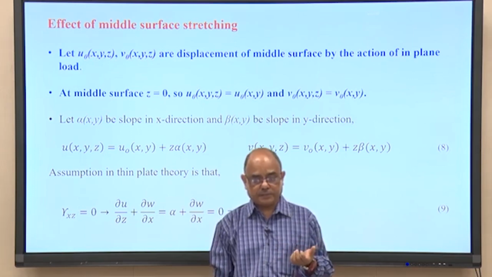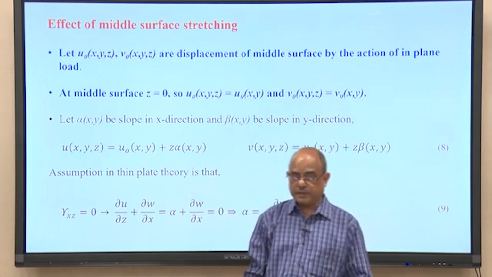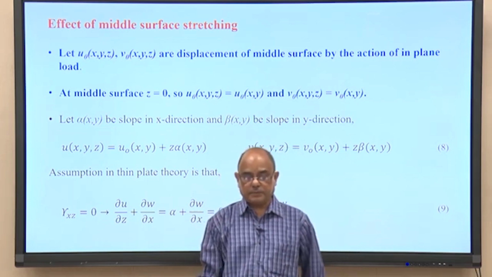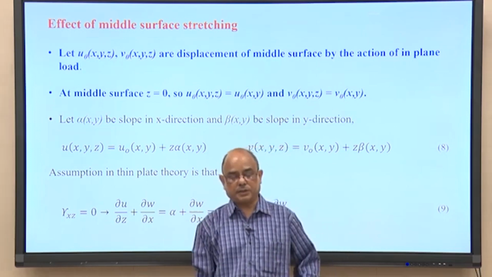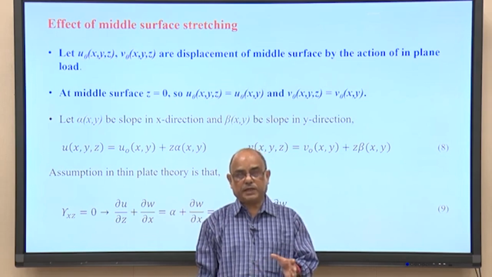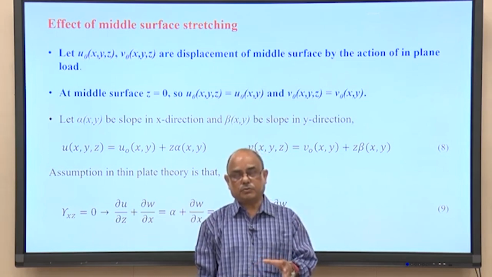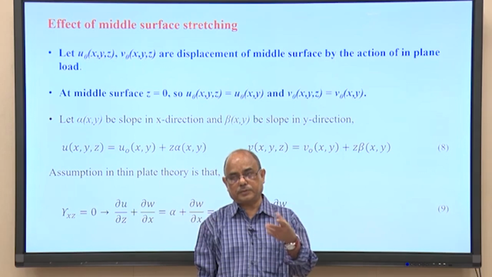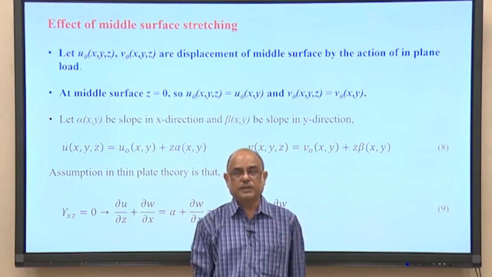Now, let alpha (x, y) be the slope in x direction and beta (x, y) be the slope in y direction. I have taken alpha and beta as different symbols so as not to confuse them with the slope that we obtained when the middle surface stretching was neglected.